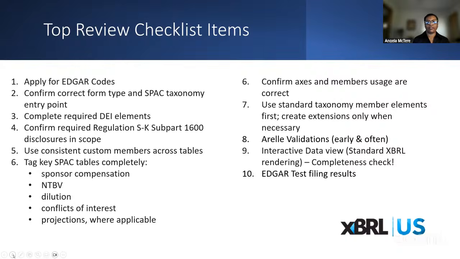And we say that because with EDGAR Next and some of the mandates and deadlines that are happening, it is taking a minimum of 8 to 10 days to actually complete the Form ID process and get your codes. So you want to make sure that you're submitting those applications, making sure you have your account administrators in place, and you're prepared to be able to submit your filings in a timely manner.